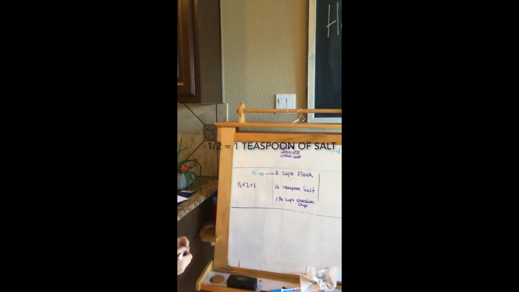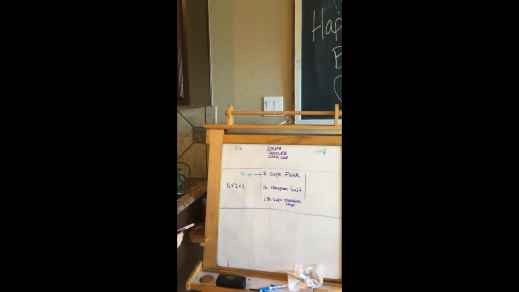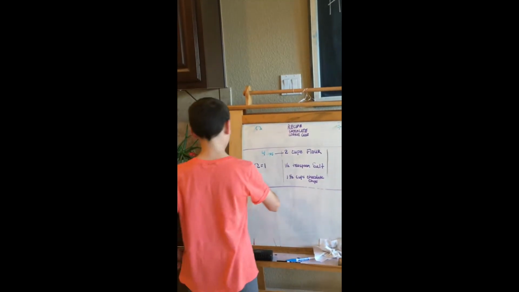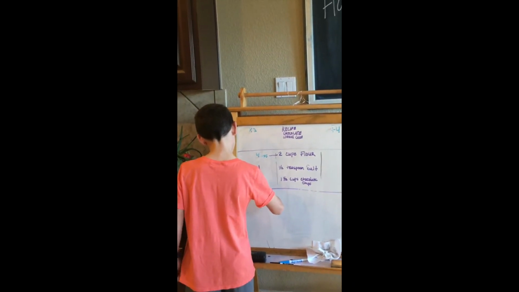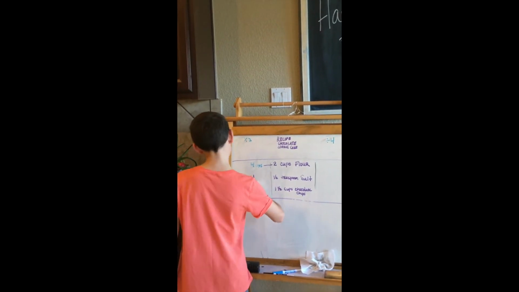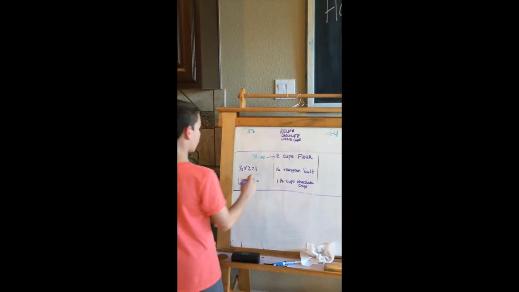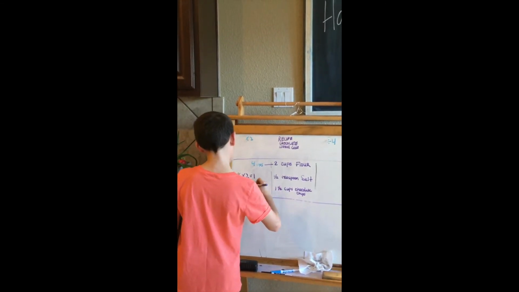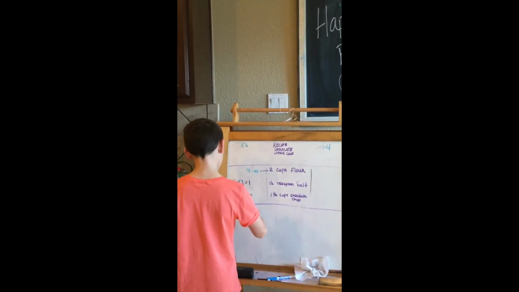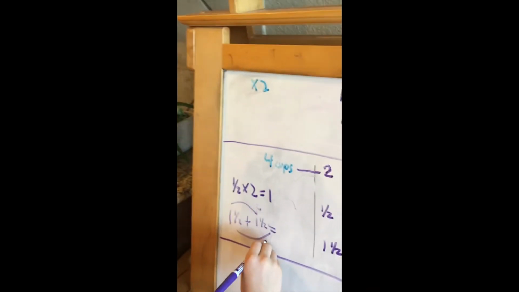And then 1 1/2 cups of chocolate chips. We can make it a lot simpler by just saying 1 1/2 plus 1 1/2, which equals, so these 2 equal 2, and these 2 equal 1.